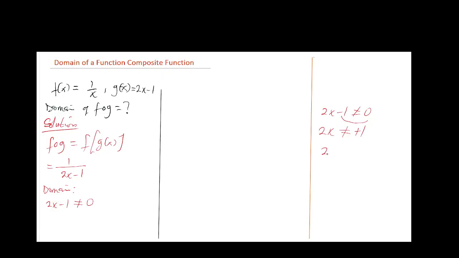Alright, so that x cannot equal 1 all over 2 if we divide both sides by 2. So, the value of x here will give us x cannot equal 1 all over 2.